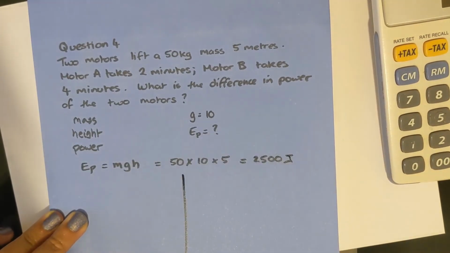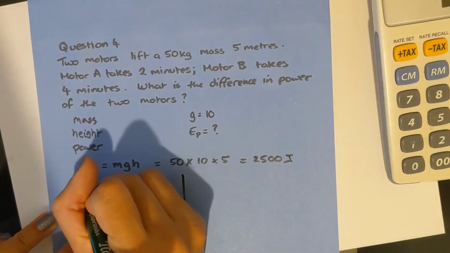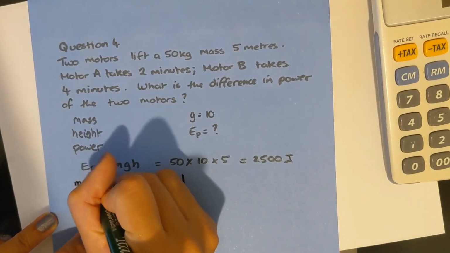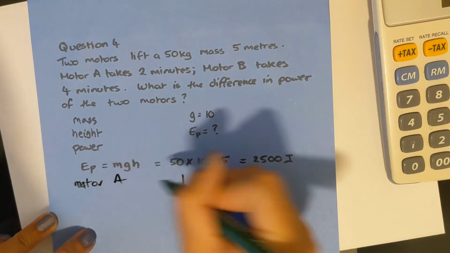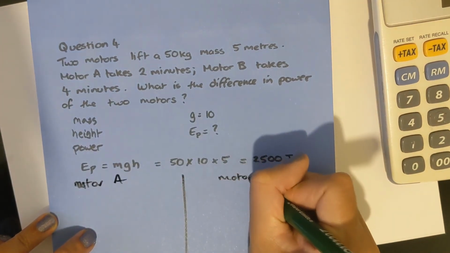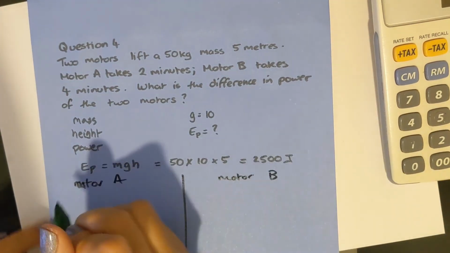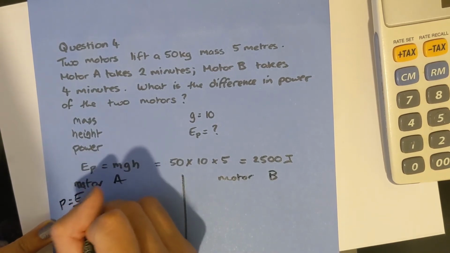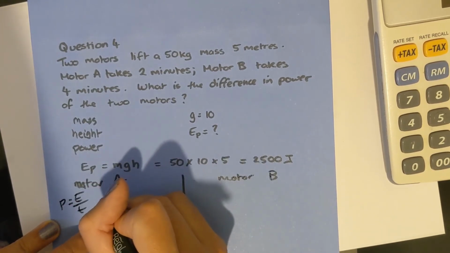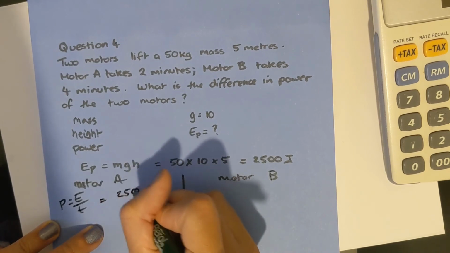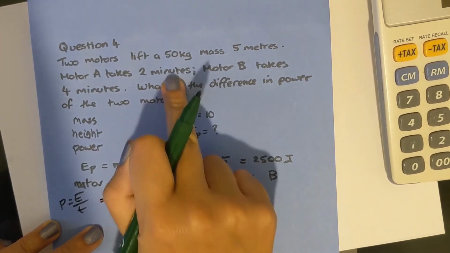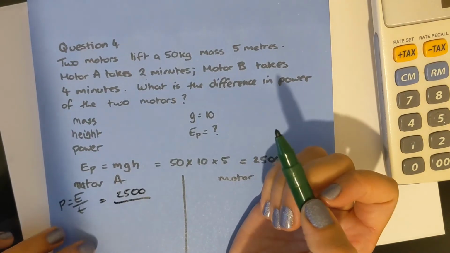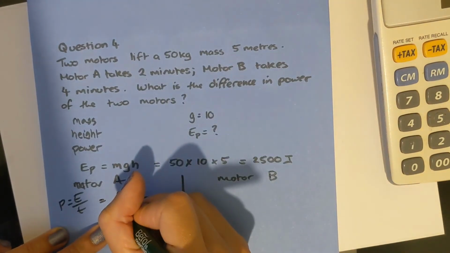So I would actually just split my page in 2 and say motor A and motor B. Okay, so power equals energy over time equals 2,500 divided by, oh wait, I've got a time in minutes, so I'm going to have to turn that into seconds.